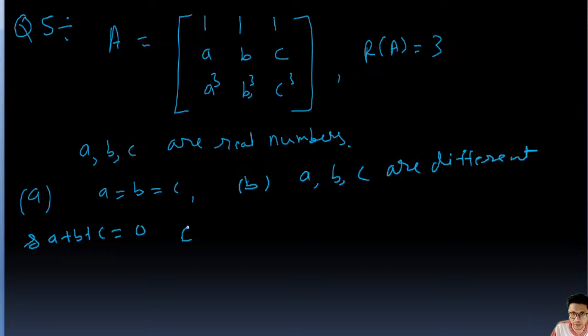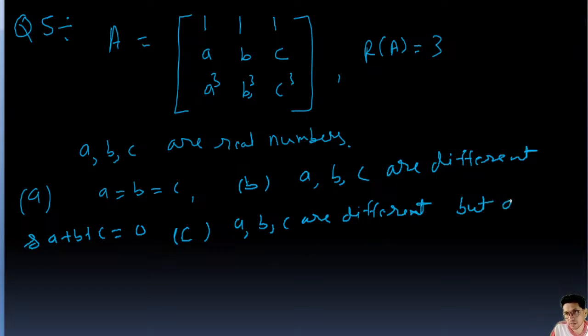Option C is: A, B, C are different, but A plus B plus C not equal to 0. And the fourth option is 0. So these options are given.